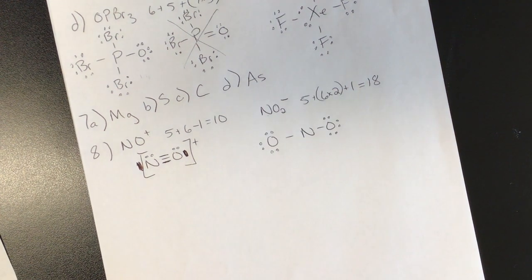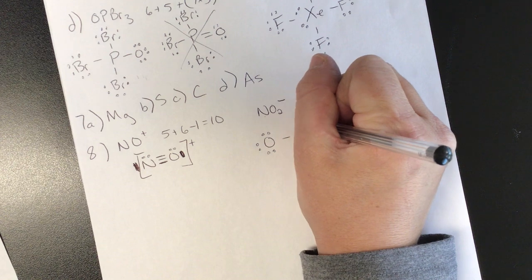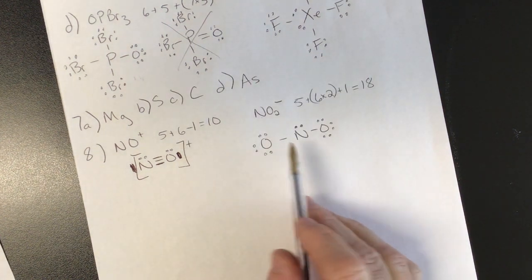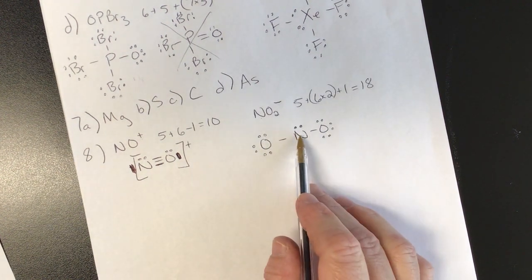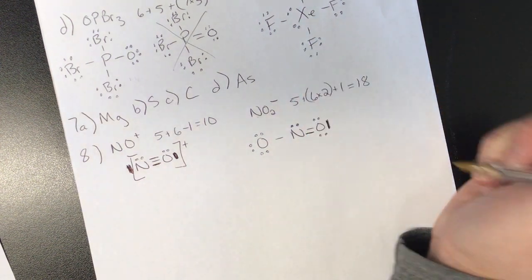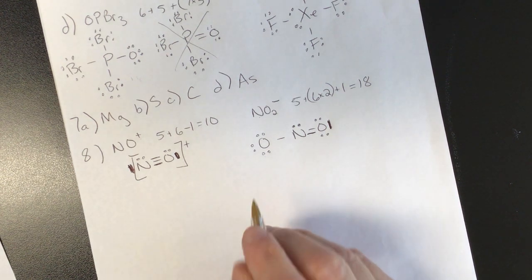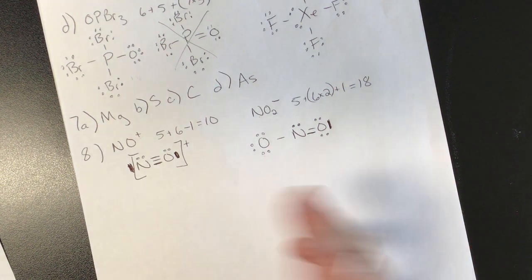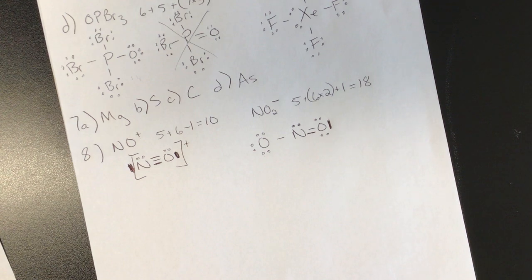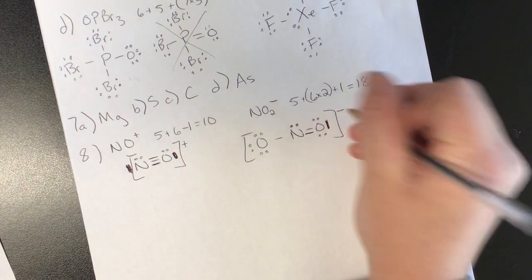So that's 16 electrons. Okay, so we have 2 left over. It goes on the central atom. Okay, so the oxygens both have an octet, but nitrogen doesn't. So I'm going to take one of these and share it, and it doesn't matter which oxygen we did that with. So remember, that always shows us we have resonance. So we don't need to draw the resonance structures for this, but just a reminder. Okay, so we're done with that one.